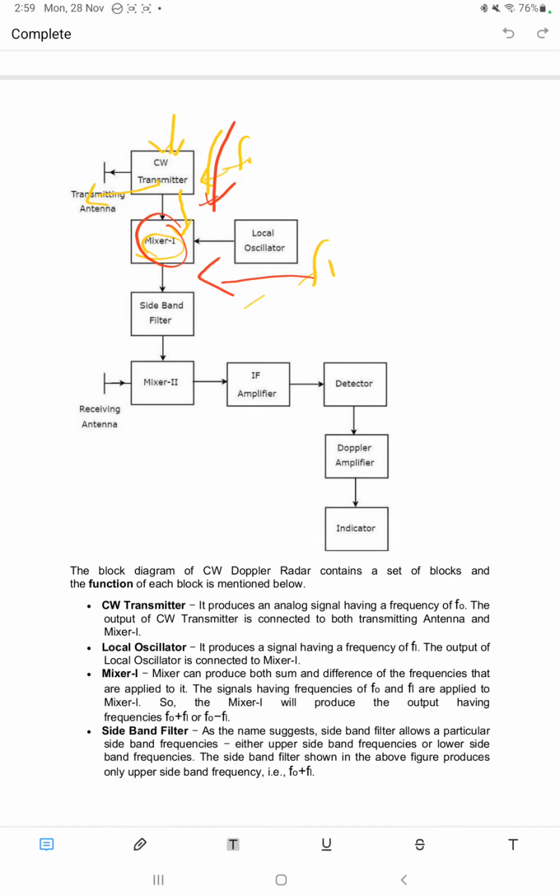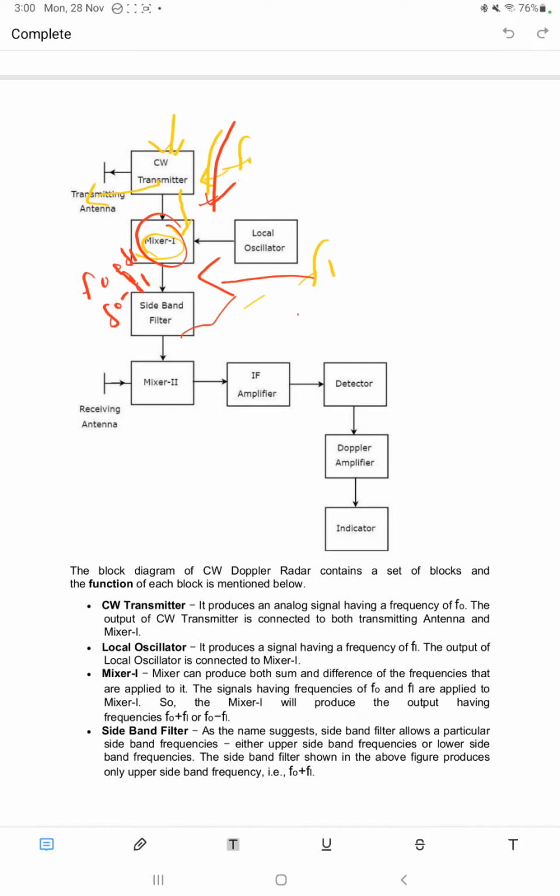The mixer mixes both f0 and f1, so mixer 1 produces output having frequencies f0 plus f1 or f0 minus f1.